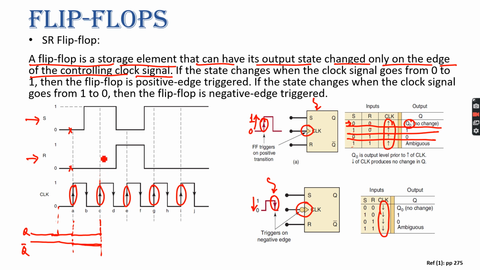And just before this positive clock, what was the value of S and R? 1, 0. So if you give 1, 0, what should be the output? 1. So as soon as it gets the positive clock, it will switch to 1 and remain 1 until it gets the negative clock, and Q bar will switch to 0.